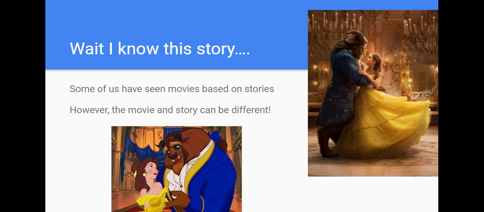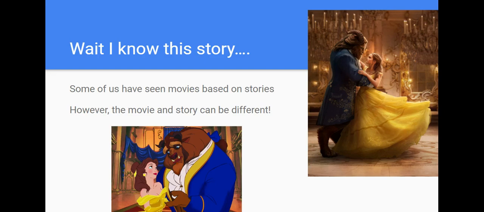A lot of the times, in this case, the movies were made after the story. And sometimes the movies just change up a few things just to make it a little more entertaining or a little more dramatic. So you're going to hear some differences from the movies you watched to the story that we read.